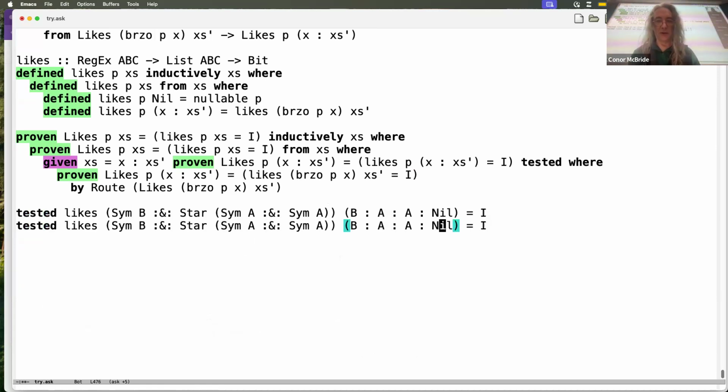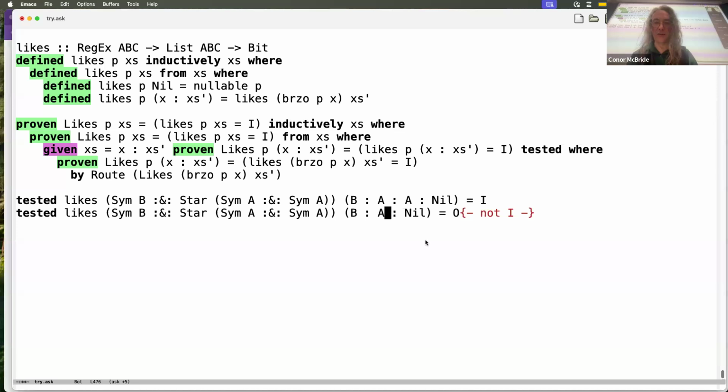But if we give it only 1a, we get false. So there we go.